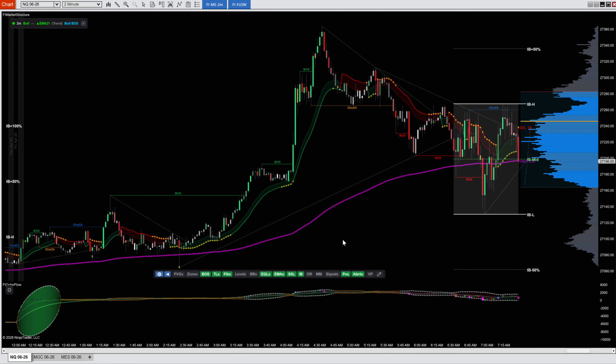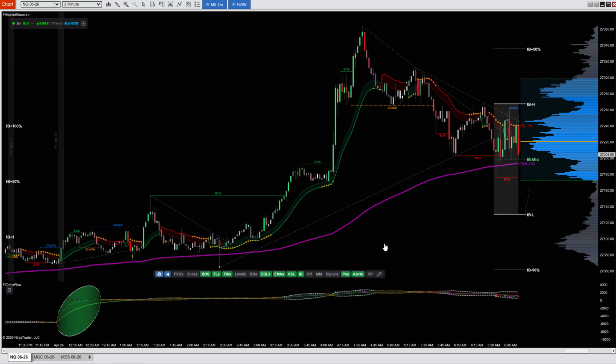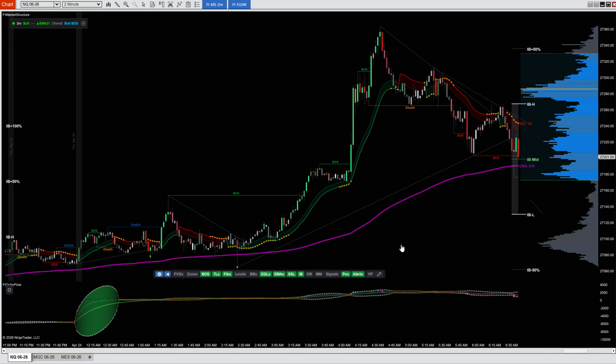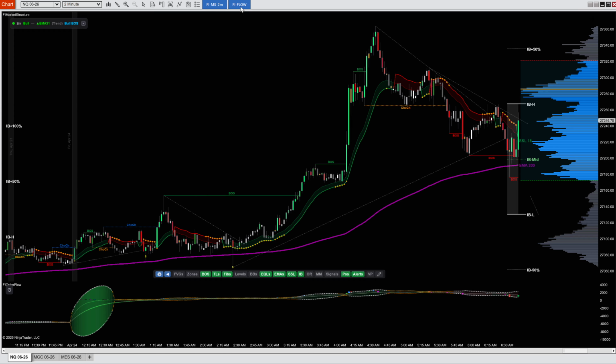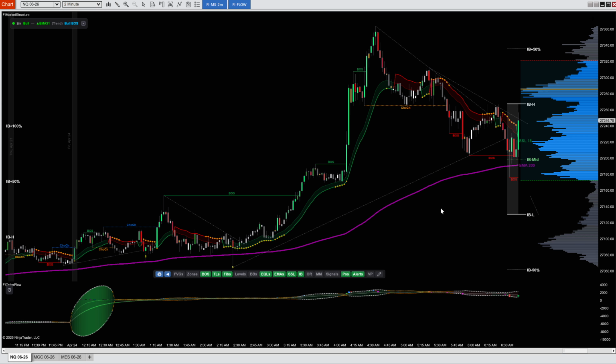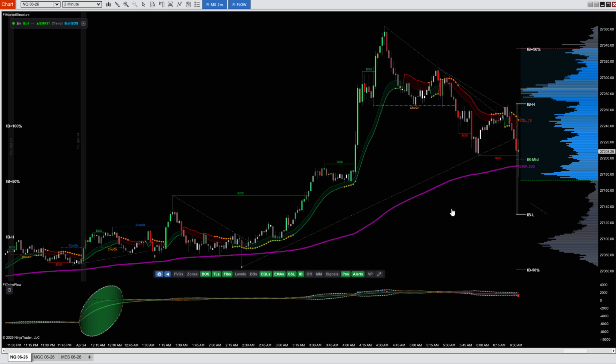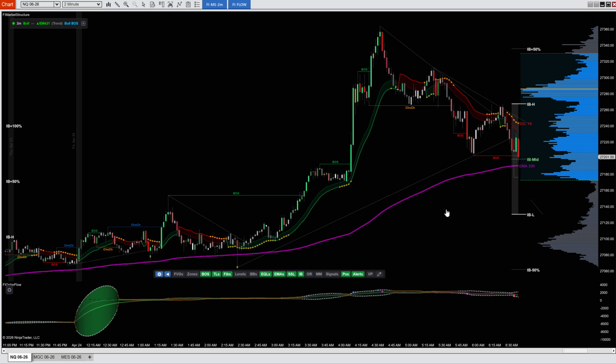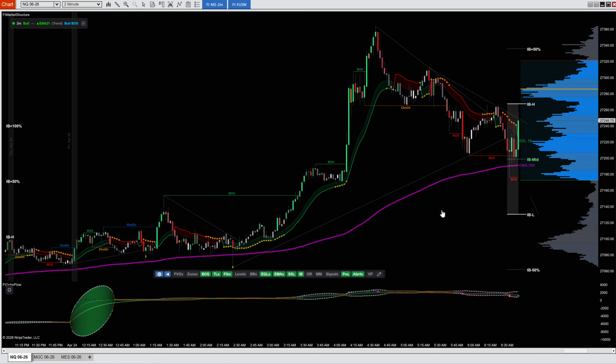But what I really wanted to show here is volume, as this is the visible range volume. This is set to just visible range, not 24-hour daily and the New York session. So this is the open, first bar, volume comes in, we're still in a squeeze.